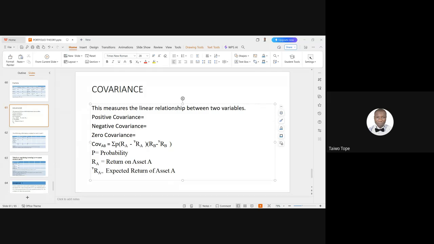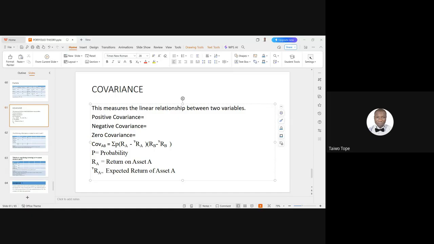Covariance measures what? Covariance measures only direction, or relationship, while correlation measures the strength and the direction. Why do I say correlation measures the strength and direction?